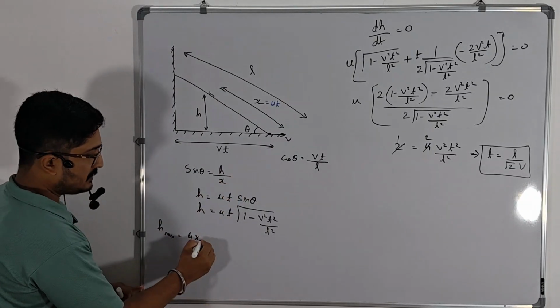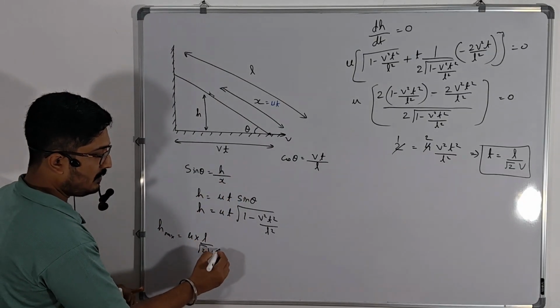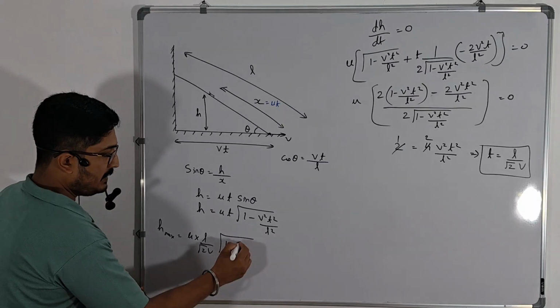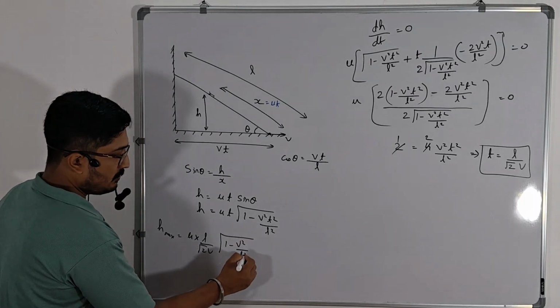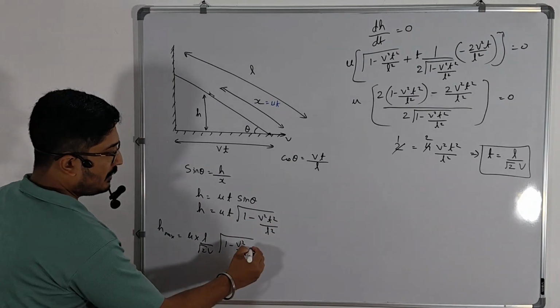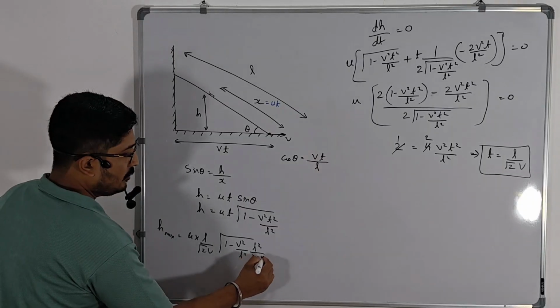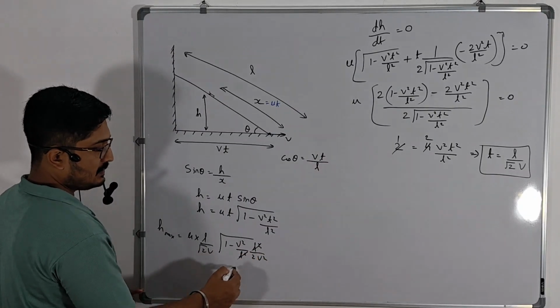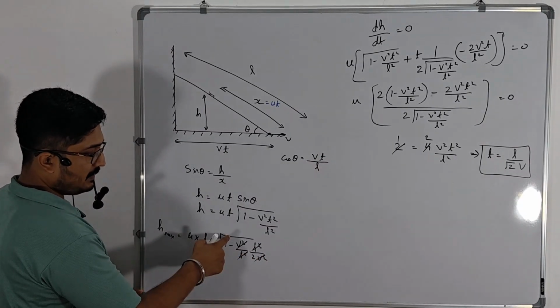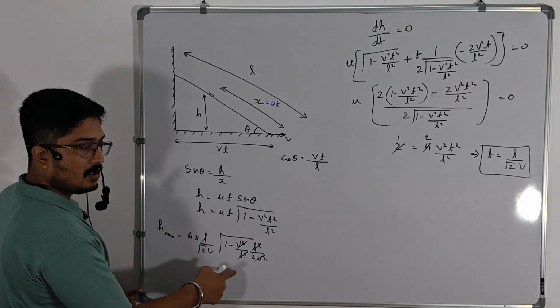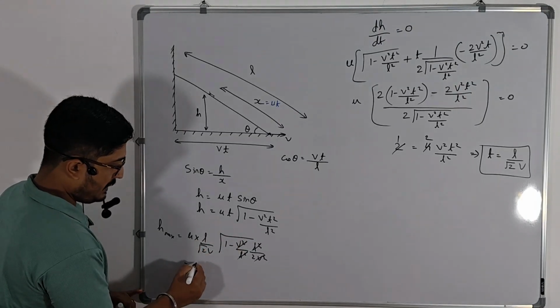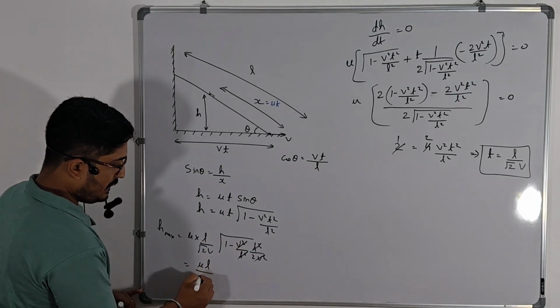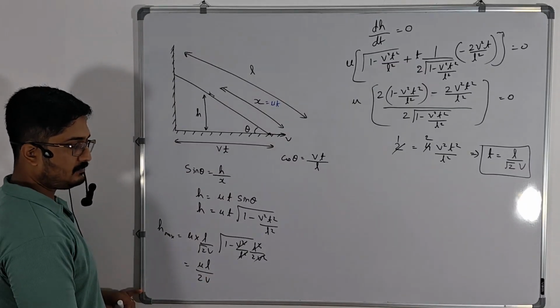The t we have calculated is L by root 2v, under root of 1 minus v square by L square, into t square, whose value we have got as L square by 2v square. So L square gets cancelled, v square gets cancelled. I'll be getting 1 minus 1 by 2, which is also 1 by 2, which will finally give me uL by 2v.